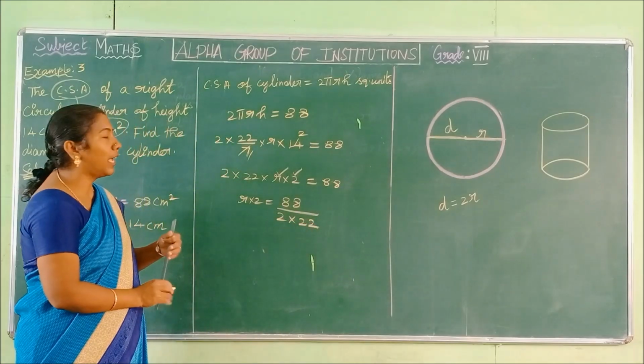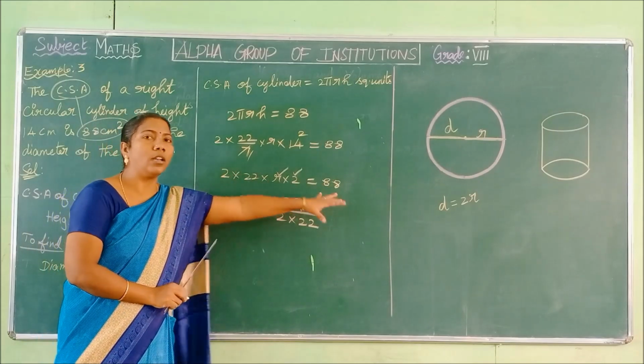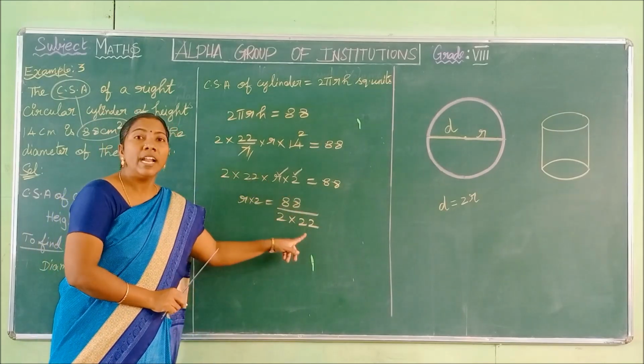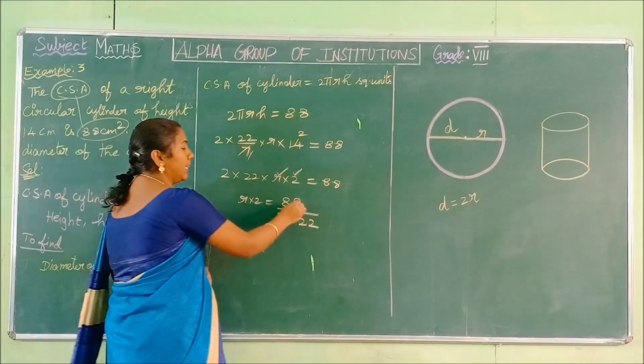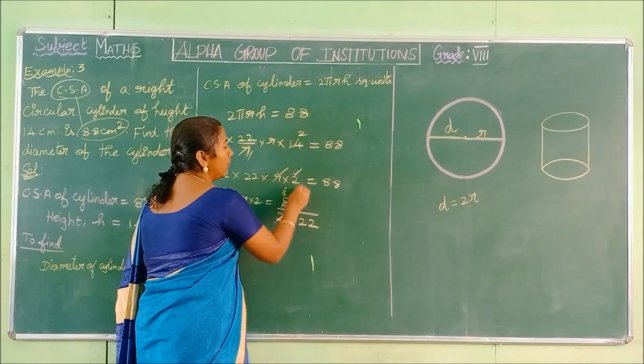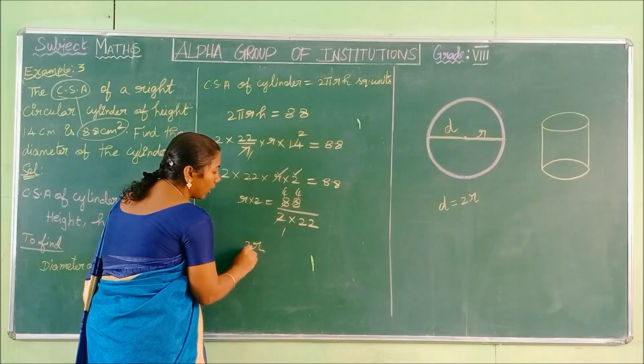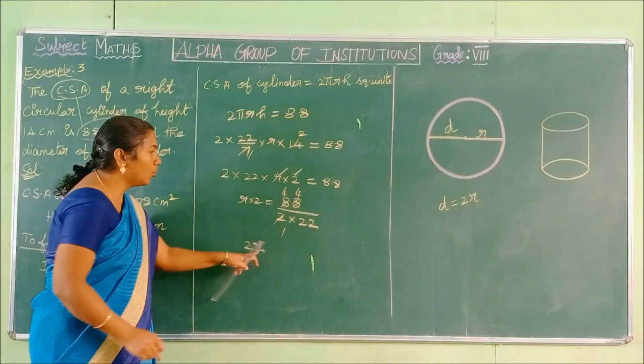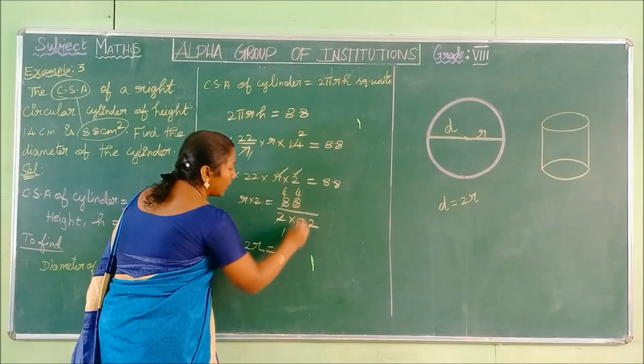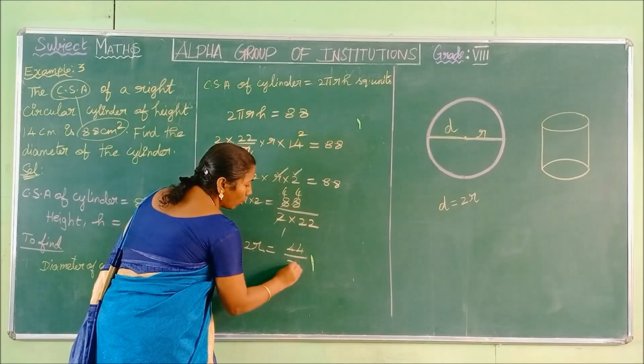What happened if you transpose these two elements into the RHS? The multiplication became division. So cancel this 88 by 2, 1 time, 4 times, 4 times. So rewrite this r into 2 as 2r. Both are same. So 2r equal to 44 by 22.